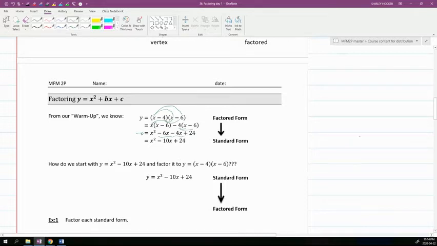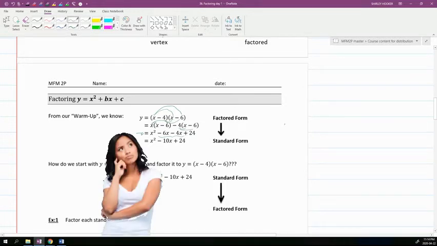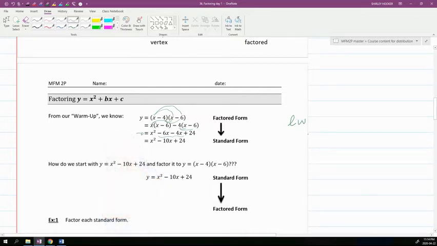I want you to think about something in real life where you would multiply two things together. Let's suppose we have a letter L and we multiply it to a W. What have we actually calculated there? What does L and W stand for? In math, where have you seen that? And you would be right if you said it was the area of a rectangle, length times width.